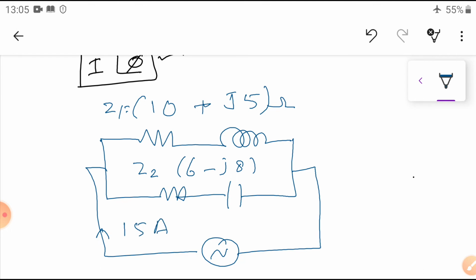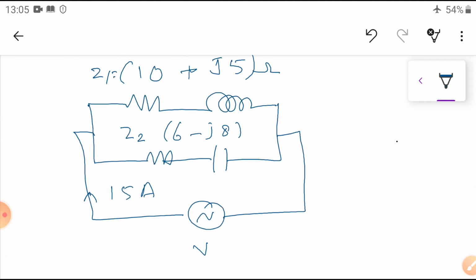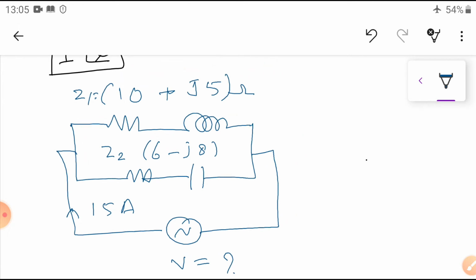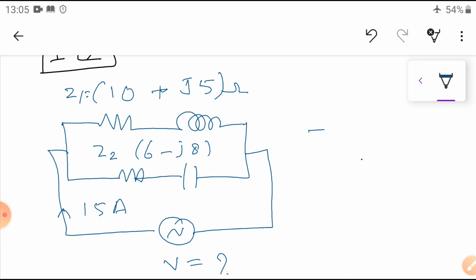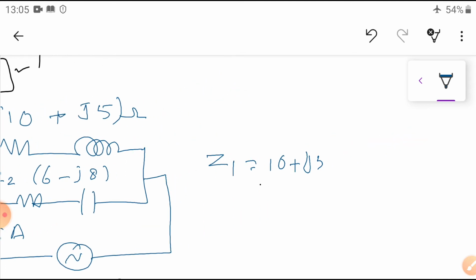So what is the voltage required in this case? V is asked, Z1 is given, Z2 is given, current is given.